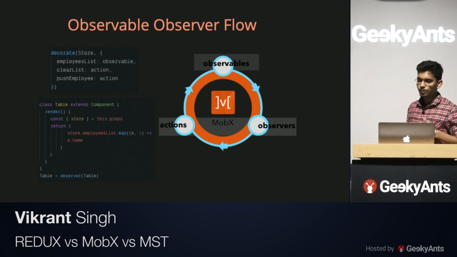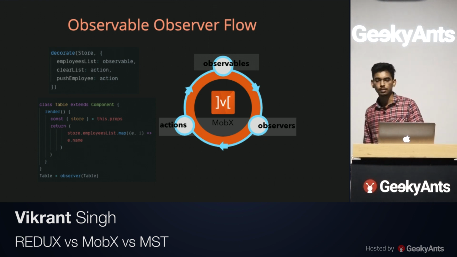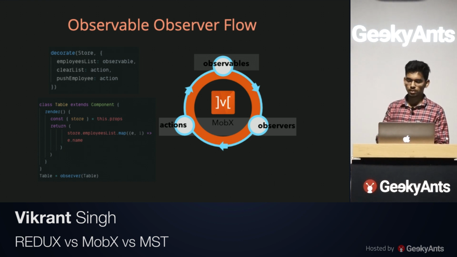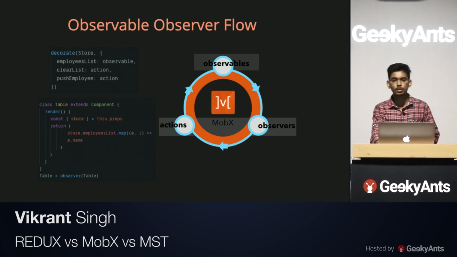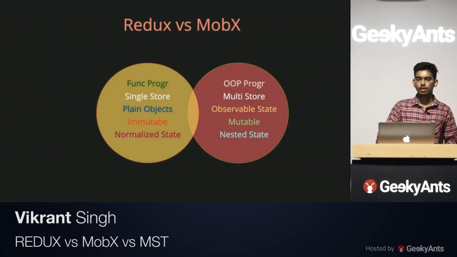So each and every time you are dispatching an action, all those observable states are changing, and when that particular observable state is changed, it would notify all those observers that are making use of that observable state. This is how MobX works, and just because of this observable and observer flow, MobX is called reactive.